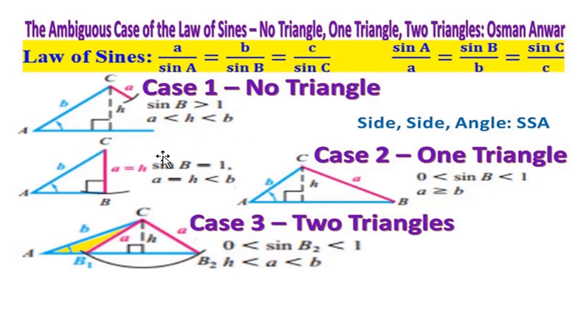If side A is equal to H, then you get one triangle, which is a right-angled triangle.